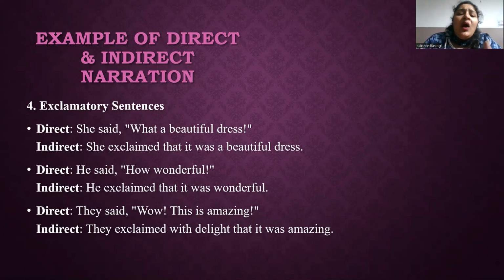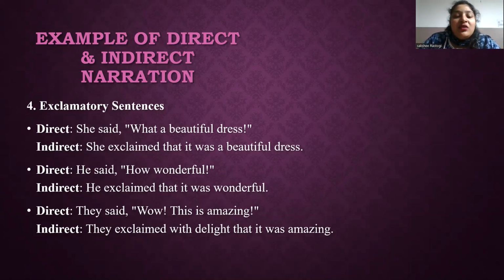Cry out to her how delicious this cake is, he said. This is also direct narration because you just cried out how delicious the cake is. Shout to them what a wonderful surprise it is, they said. This is direct narration.